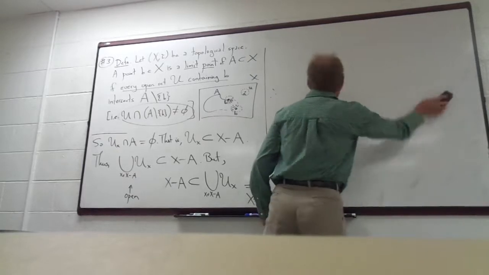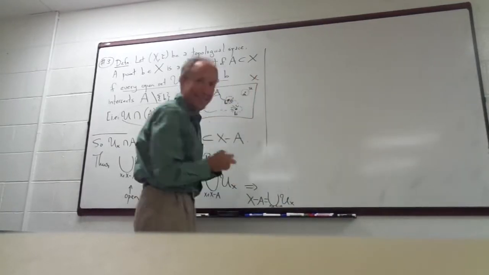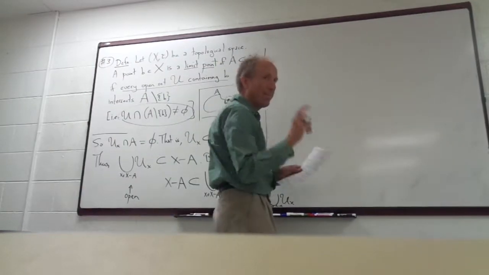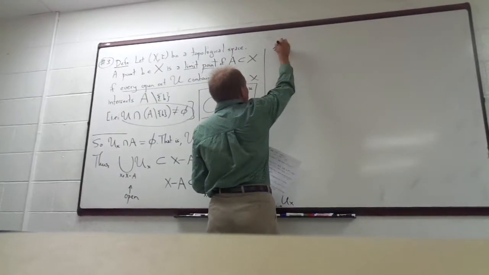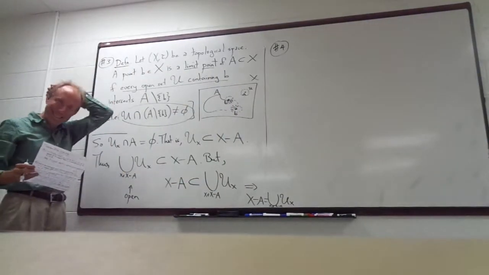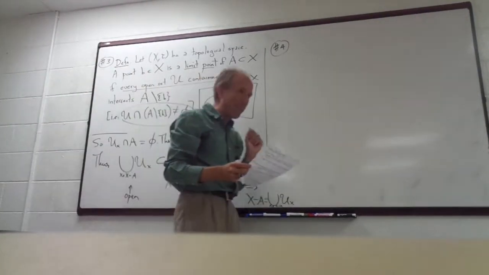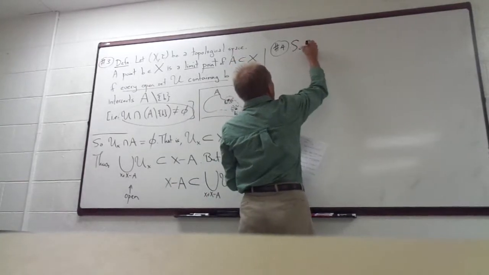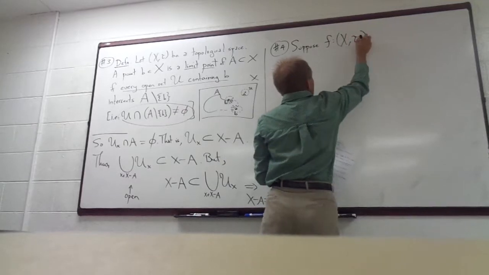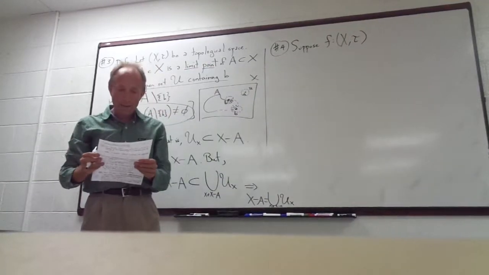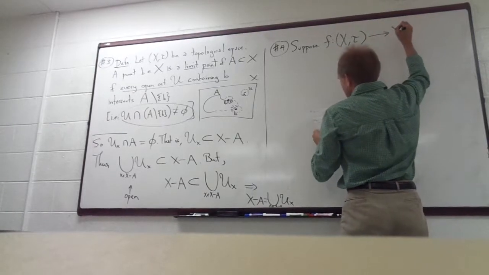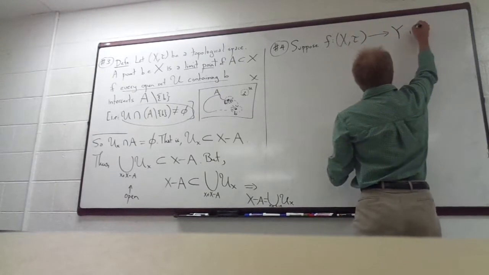Okay, I'm going to challenge you guys real quick. I think you're going to solve this challenge. Everybody needs to think real carefully with me here. Suppose that f goes from (X, tau), so that's a topological space, to Y, and suppose that this is a function.